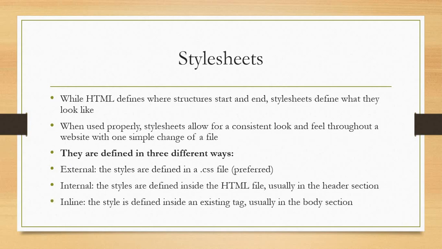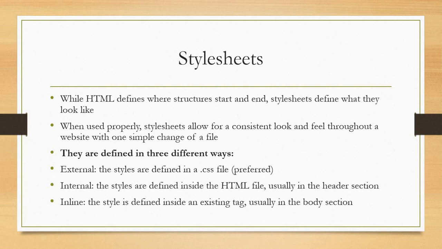So what do style sheets do? They create the look of our web page. What the text color is, what the header color is, whether the headers are bold or not, and they could be defined in three ways. The external method is the one previously mentioned, where you save it in a .css file and store it somewhere on your web server.